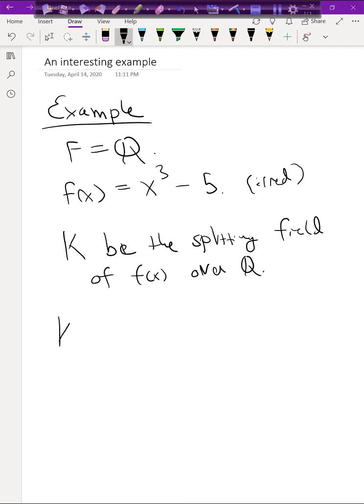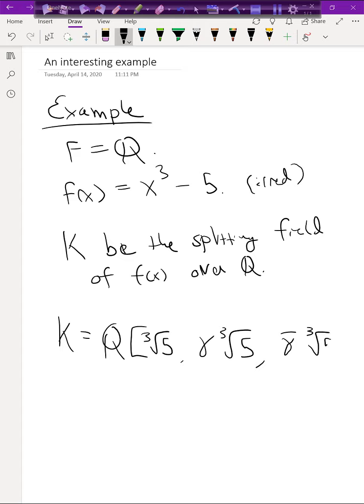Okay, so this tells us that K is actually equal to Q adjoined the roots. Well, I have to adjoin all the roots. I need the third root of 5, certainly. But then I need these two other complex numbers times the third root of 5. That bar on the gamma just means conjugate.